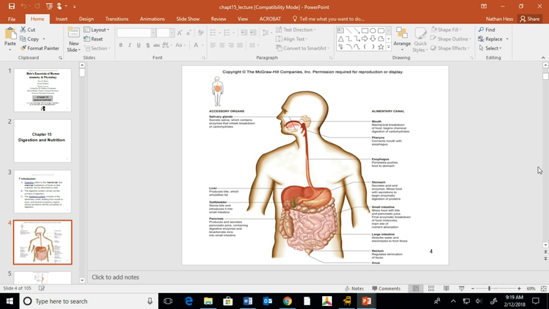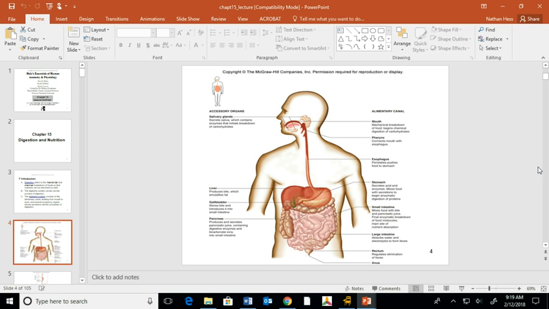What pieces are in your mouth that help with chewing? Teeth, good. That's actually breaking down the food, literally mechanically tearing and ripping it. Saliva. What do the salivary glands that produce it do? They initiate the breakdown of what?